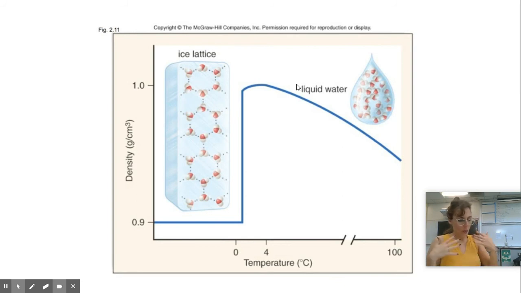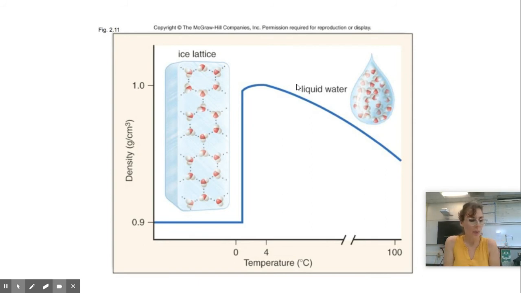Okay. So we're seeing that this is a really important biological benefit for living things. Why? Well, let me give you an example in terms of organisms that live in a lake. We don't get winters here in San Diego, but let's think about lakes in, say, Michigan, where they have really strong winters.